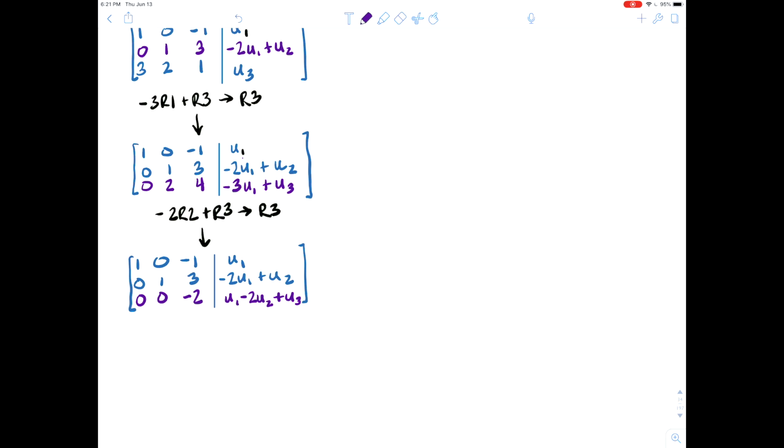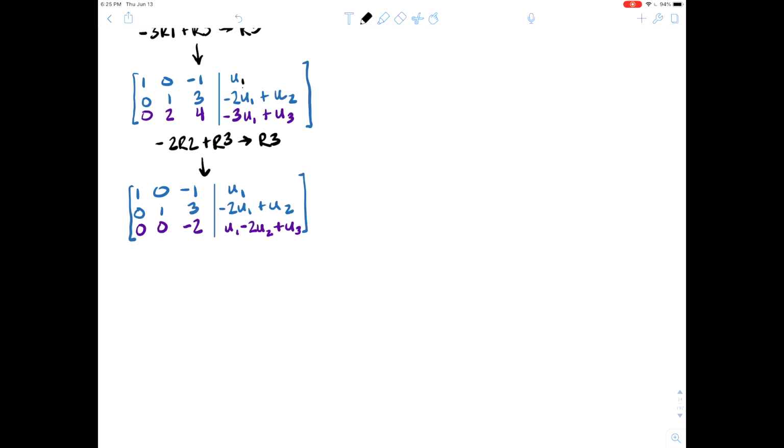So that means we now need to get our 3 zeros in the upper triangle. So let's do it. So to clear out the 3 that's in the second row and third column, we need to do 3 row 3 plus 2 row 2 for a new row 2.